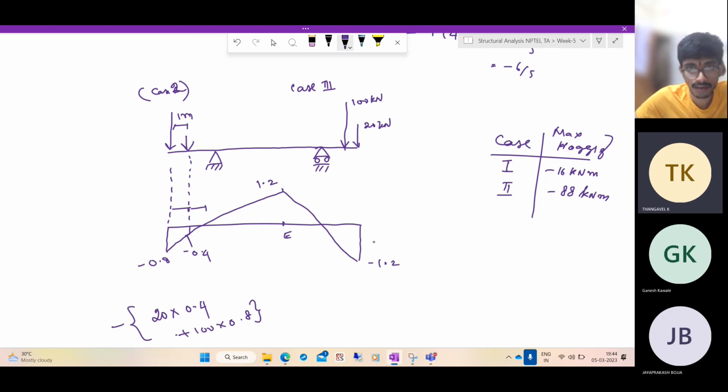In this case, what is the value? We have 20 acting at 1.2 and 100 acting at minus 0.6. So this is 60, and 20 into 1.2 is 24. So 60 plus 24, in case 3 we get minus 104 kilonewton meter.